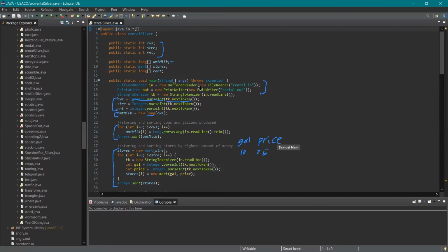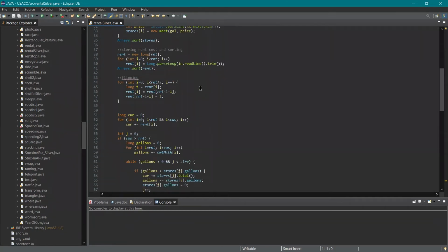We take those in and sort them according to price, not gallons, because we want the highest in front. When we do Arrays.sort, it does that automatically. We don't have to manually sort or reverse them. We can just say I want the highest one on top. That's what we've done here at the bottom.